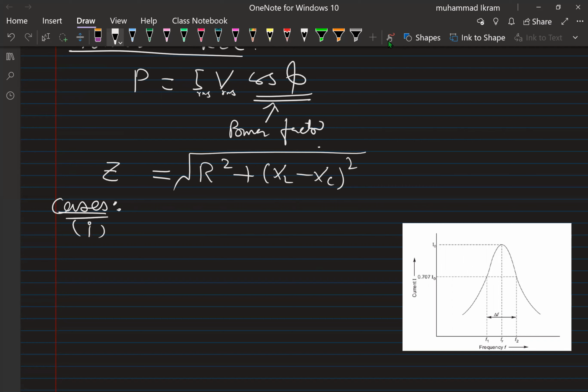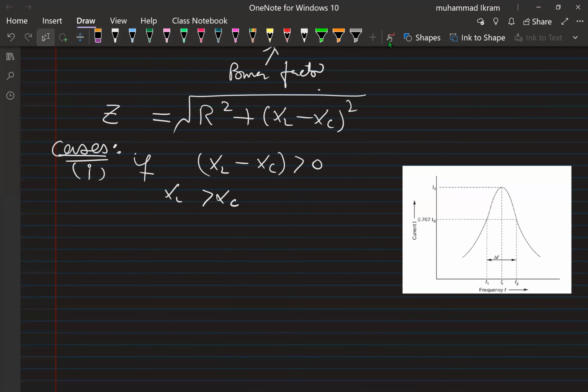Case one: if the term XL minus XC is positive, then XL will be greater than XC, and the phase angle is positive, and the circuit will be acting like an inductive circuit. In other words, the current I will lag behind the applied voltage by phi.